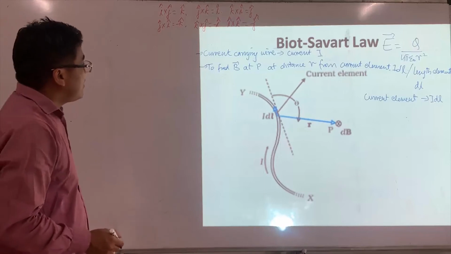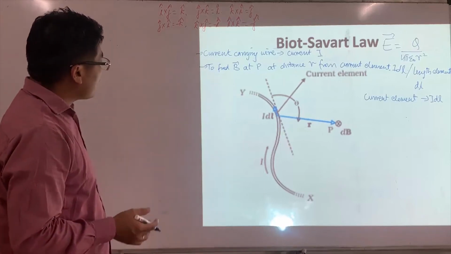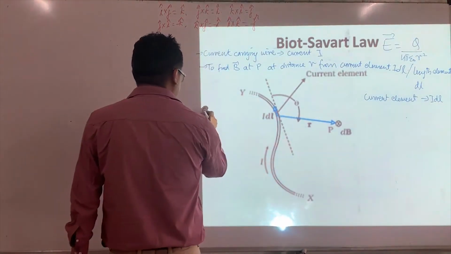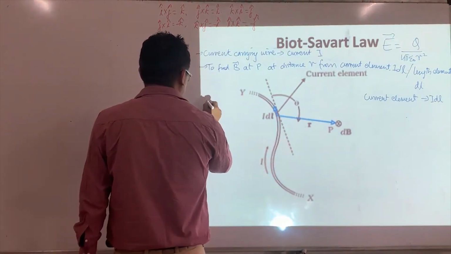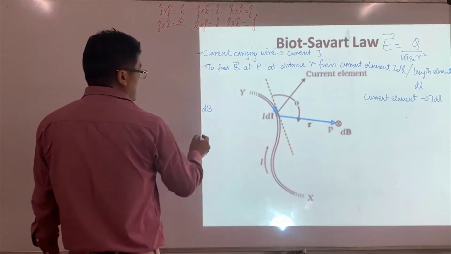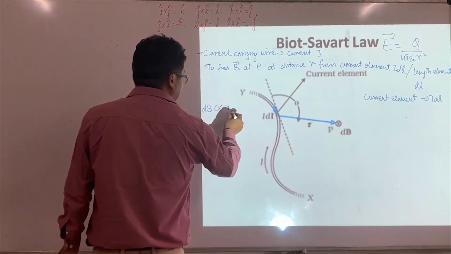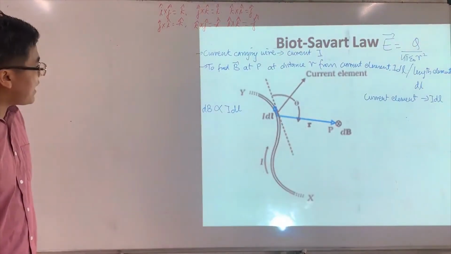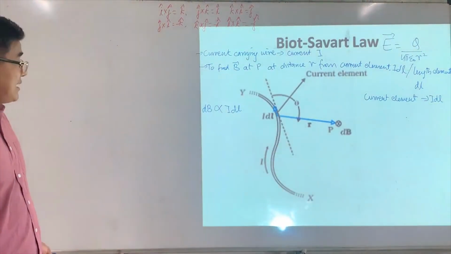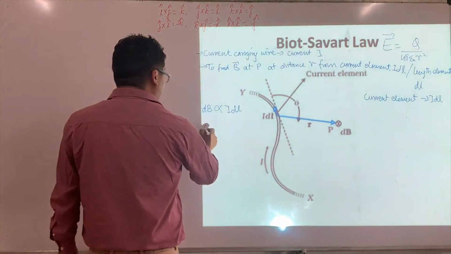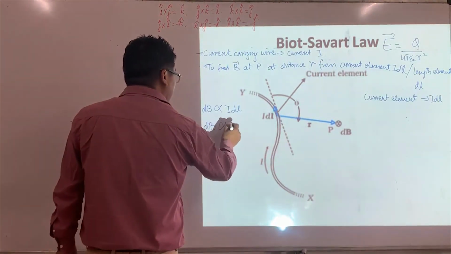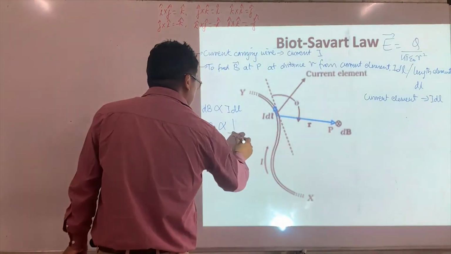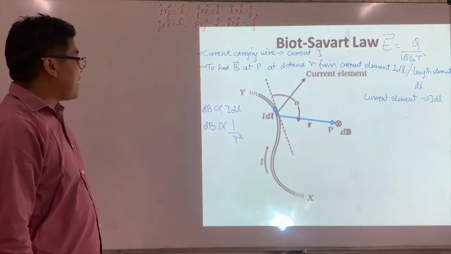What we found is that the magnetic field at point P is proportional to I dl, and it is also found that the magnetic field is inversely proportional to the square of the distance between P and dl.